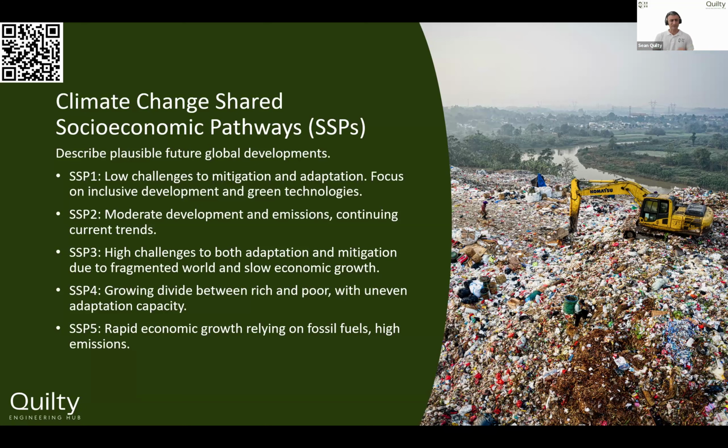I won't go through each one of those, but essentially SSP1, and as you start, the lower the number, the better or the more optimistic the pathway. So if everyone around the world, all the politicians, all the movers and shakers, all the leaders basically started 5 years ago and said, yep, all right, we're going to cut all of our pollution. We're going to control all of our stormwater pollution.